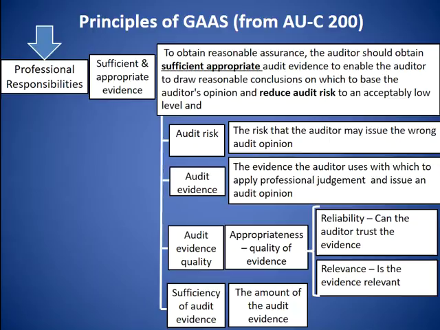And remember, we all know what risk means now, since I told you risk is going to come up a lot during your audit classes. Audit risk is the possibility that the auditor may issue the wrong audit opinion.